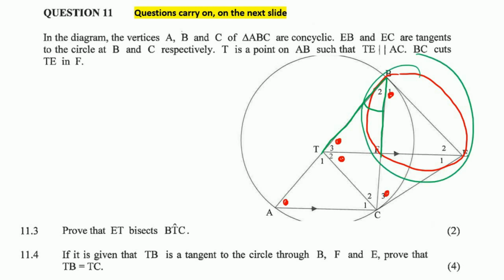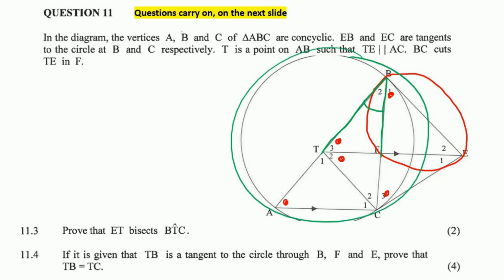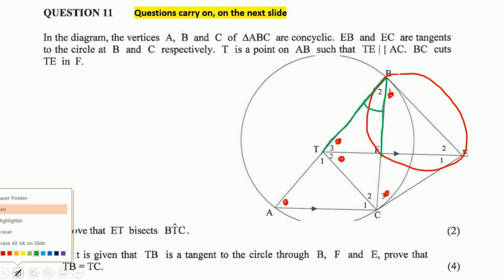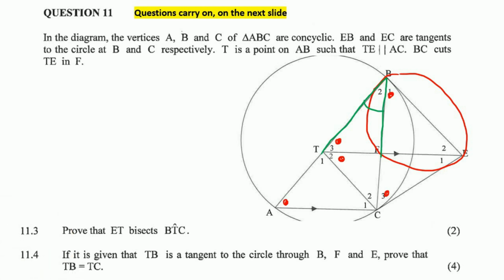So remember, we're only working in this red circle. We're not working in the big circle. So you take your finger, and you place it on one edge of the chord, and then you place your other finger on another edge of the chord. And you try and make those two fingers come together at a point on the edge of the circle.